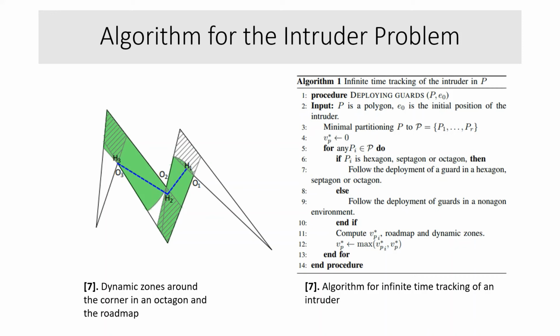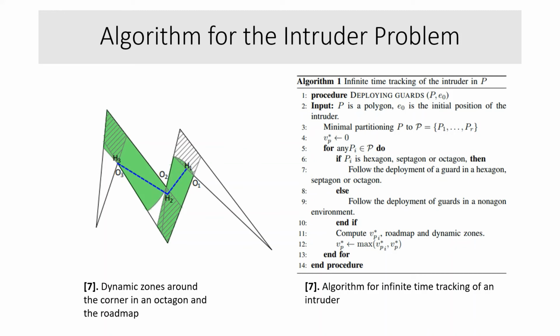By doing this, we can create dynamic regions, which are represented in green color, such that the robot can never start from one end and reach the other end. So this is the advantage of reflex vertices, and the regions shaded in black lines represent the star regions. Now let me explain about dynamic regions.